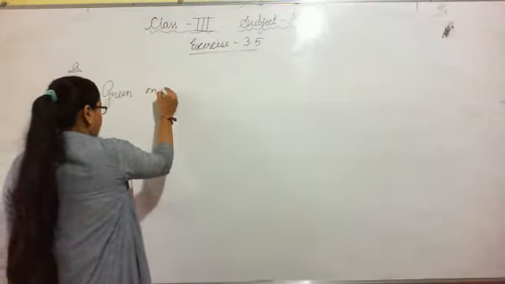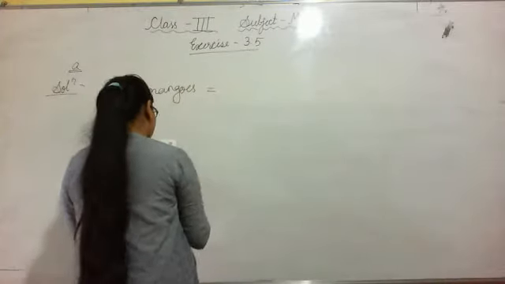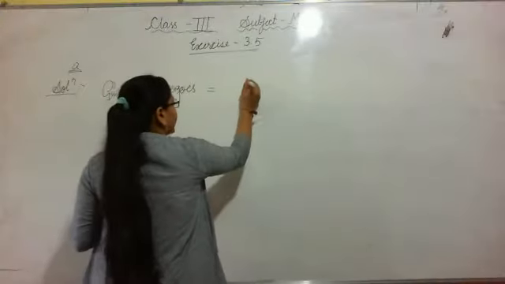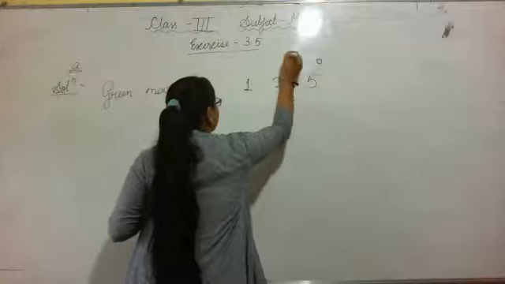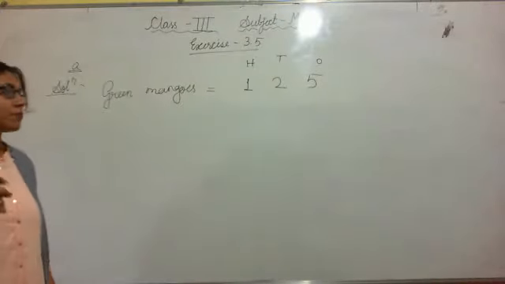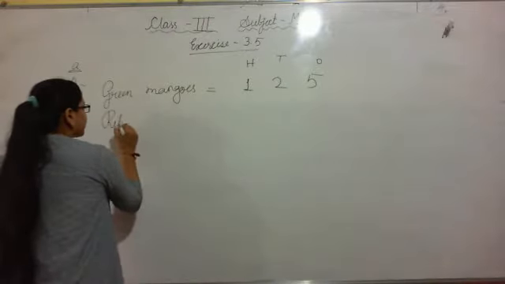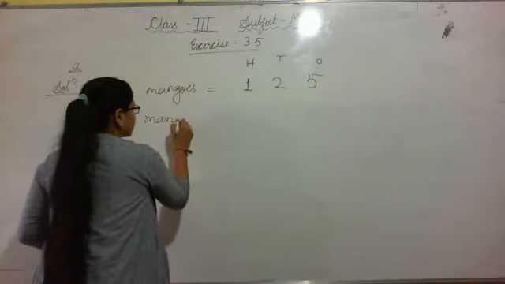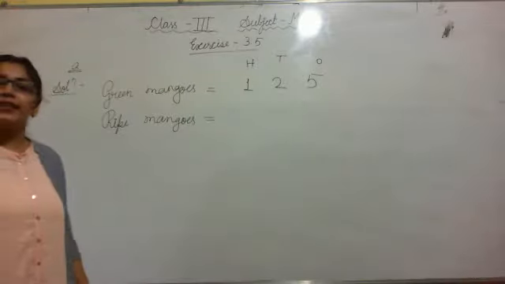Green mangoes, how many? 125. We will write 125 and also write the ones, tens and hundreds places. Do not forget to write the places. Now write the ripe mangoes. How many? 462.